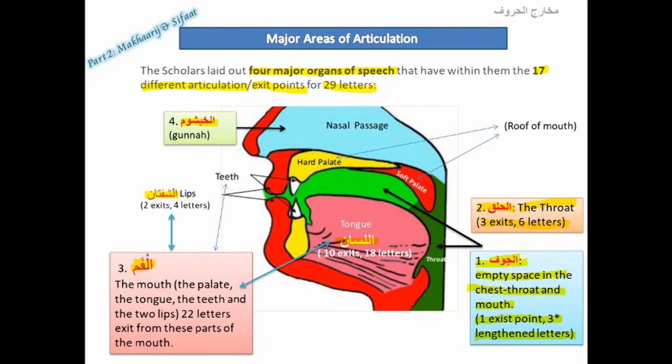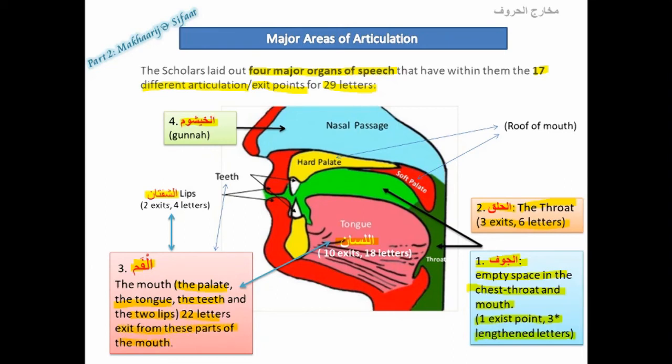That's why it's 4 organs of speech and not 5. So nothing has been forgotten. Everything's in there. The mouth includes the palate, the tongue, the teeth, and the 2 lips. And 22 letters exit from these parts of the mouth.